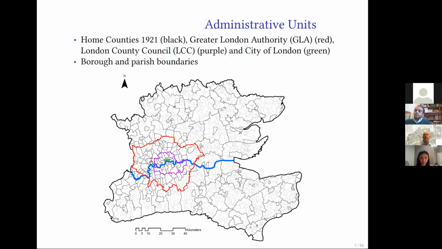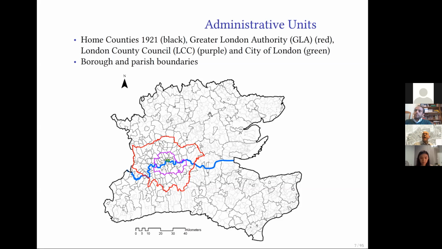In purple here, we've got the boundaries of the slightly smaller historical county of London. And then barely visible at the very center of the screen, we have the boundaries of what is referred to as the City of London, which is the historical commercial center of London, corresponds approximately to the Roman city as delineated by the Roman city wall, often referred to as the square mile or the financial district of London, because it's the leading concentration today of financial sector activity in London.